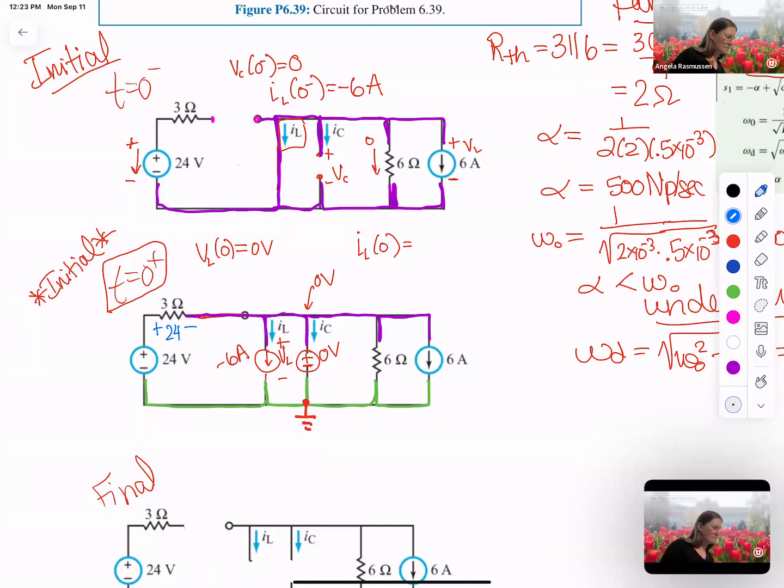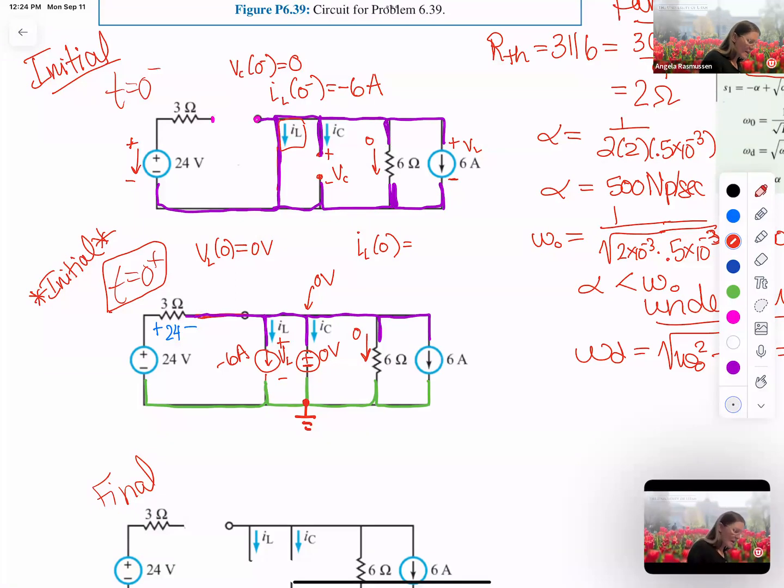Yes. I know for this problem, we're not looking for IC, but in this case, would we use nodal analysis to find it? So for this one, you would do a current summation. So what's the current here? 0, right? Because there's 0 volts across it.